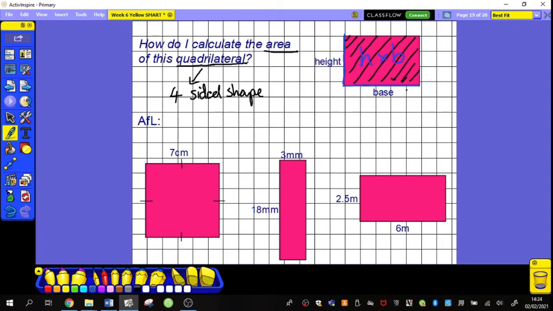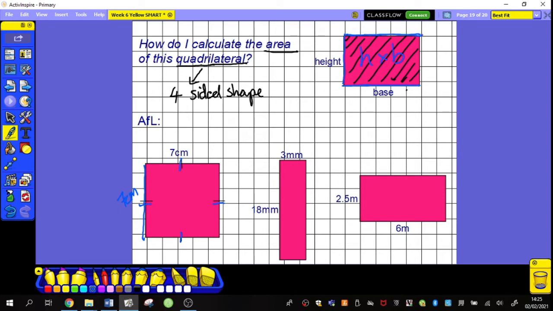So let's have a look at my 3 shapes at the bottom, my 3 quadrilaterals. On the left I have a square. I know it's a square because from your work last week on perimeter, you'll know that those little lines on each side mean that they are the same length. So here, my height must be 7. My base, now base can be at the top, it can be at the bottom.